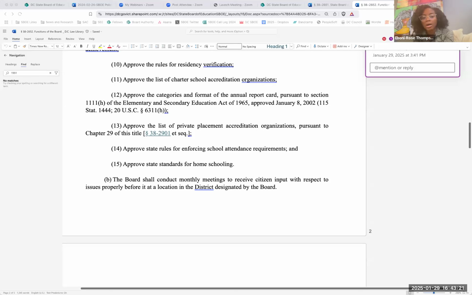Is the cadence for science different than for social studies? What I don't have a good sense of is how often we should be looking at something like the homeschool standards, and what their relation is to when we make changes in other standards. We just passed SEL, we did social studies, we did a health addendum.